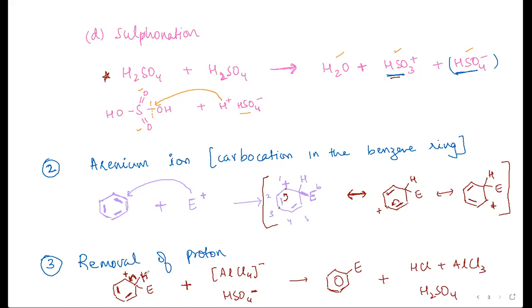So that bond breaks, giving you a substituted benzene. So substitution reaction is taking place along with your original reagent. So you're getting your AlCl3 back, you're getting your H2SO4 back. Of course, in the case of nitration, you have water as the byproduct. And in the case of chlorination and Friedel-Crafts reaction, you got HCl as the byproduct.